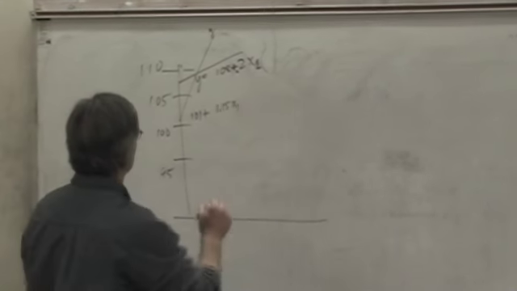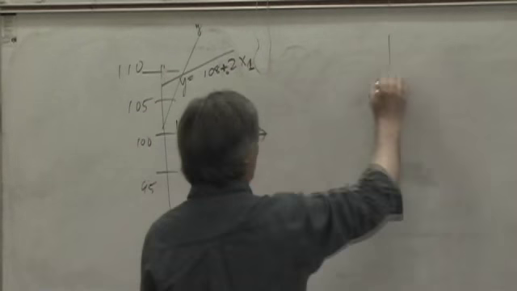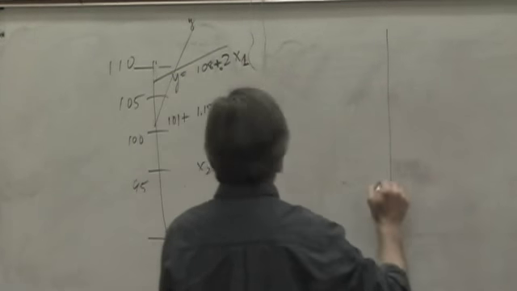That was for x2 equals 2. And then you had an even bigger slope when x2 was equal to 8.